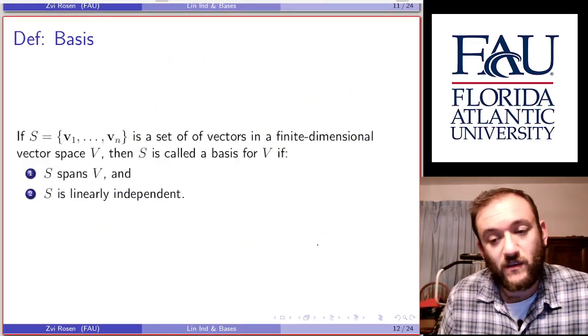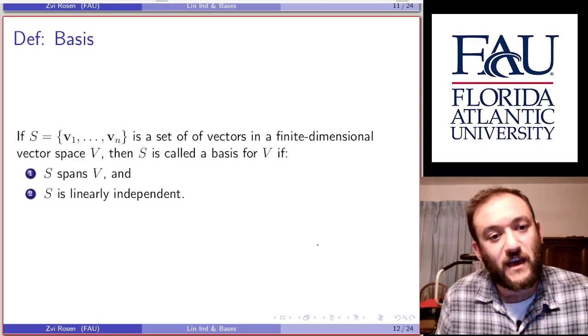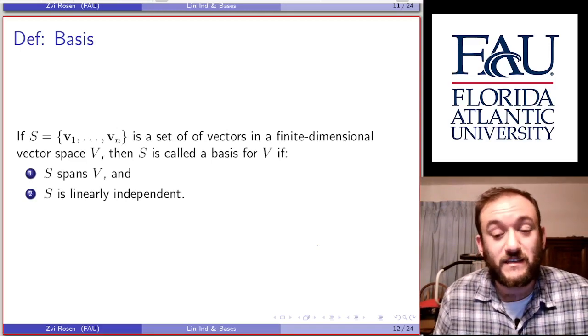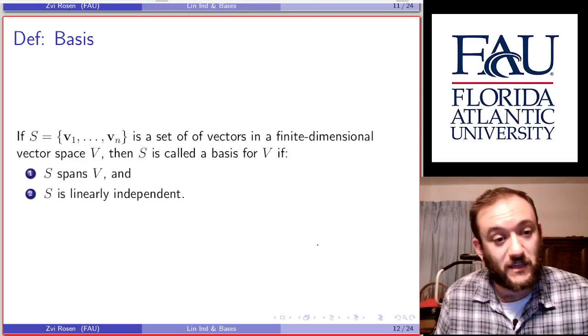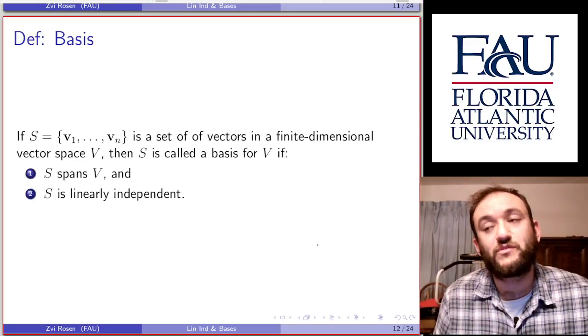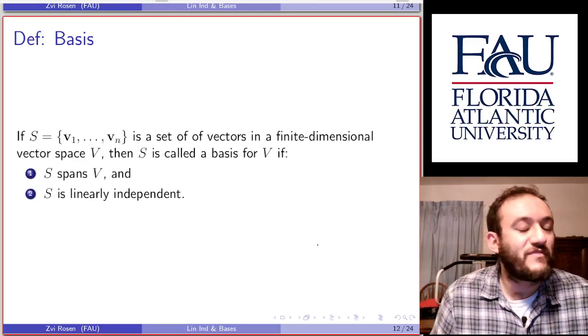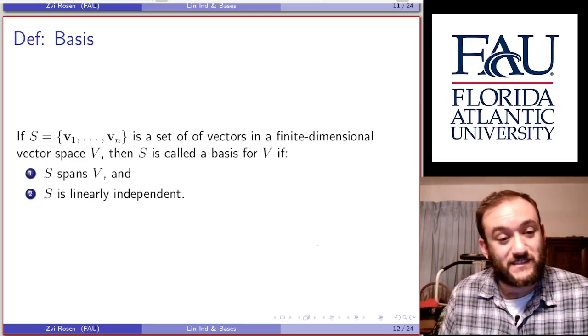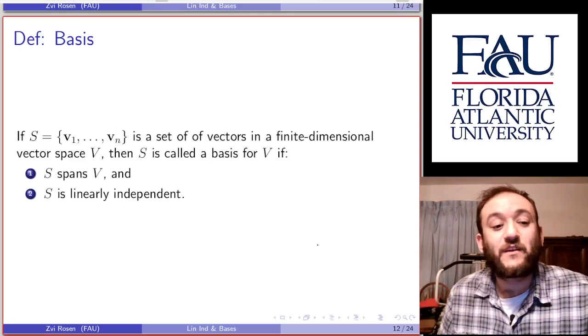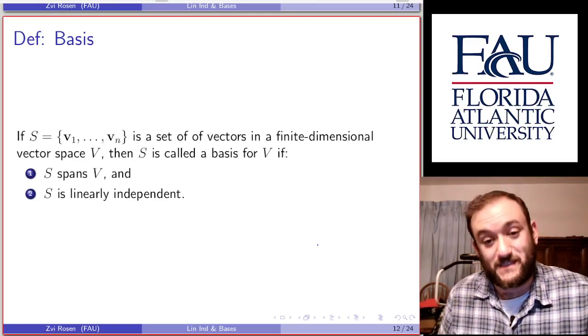Okay, so hopefully you've got a feeling now for what linearly dependent and linearly independent mean. And now we're going to get back to our ingredients analogy and figure out the right way to write our ingredients list. And that ingredients list is going to be called a basis.